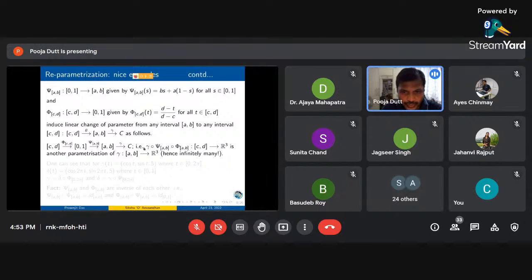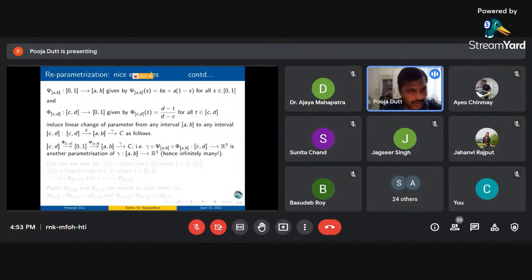So that would be a new parameterization. Now you count how many parameterizations are possible, because the interval AB I can convert to any interval CD. So these any intervals are infinitely many.